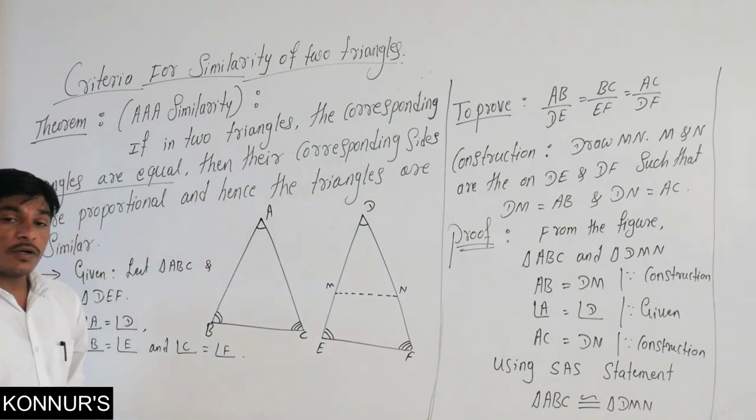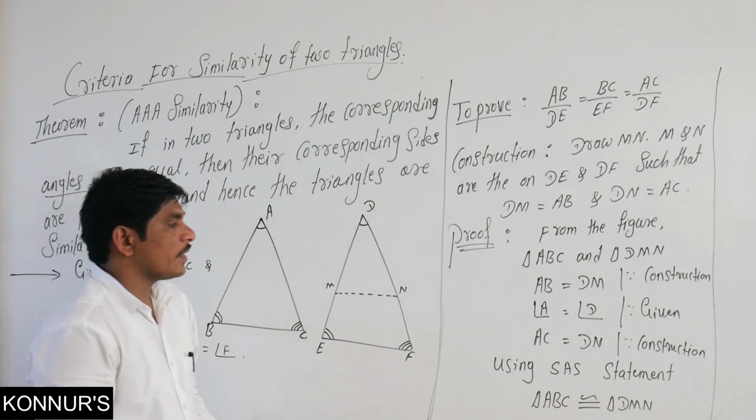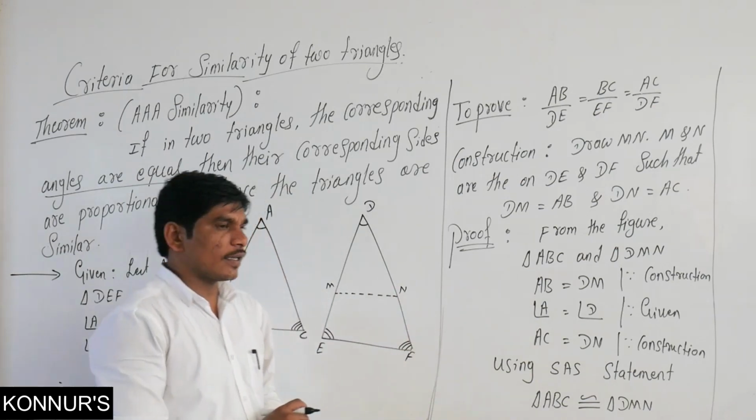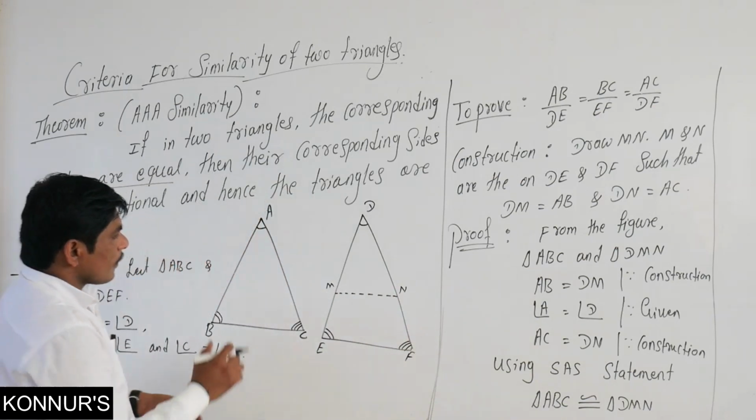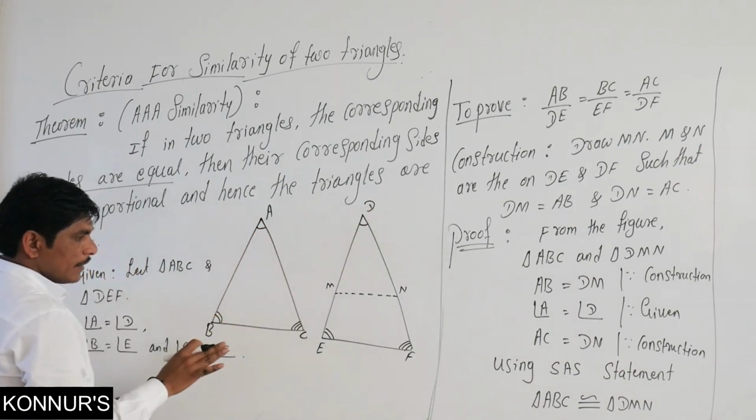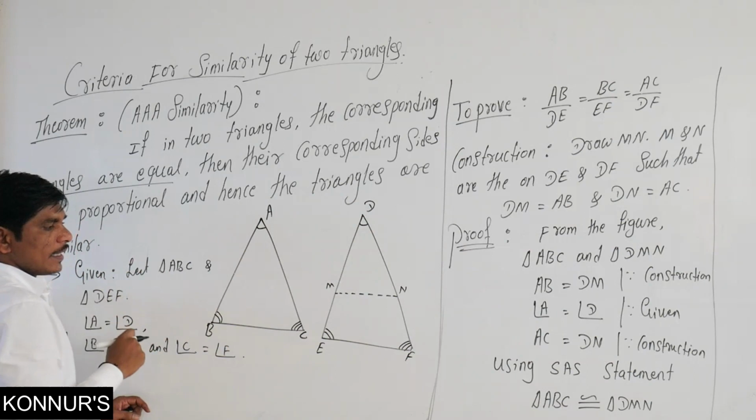Now, according to the definition of congruent, if two triangles are congruent, then the corresponding sides and corresponding angles are equal. Here angle A is equal to angle D is already given, but the remaining two angles are there.